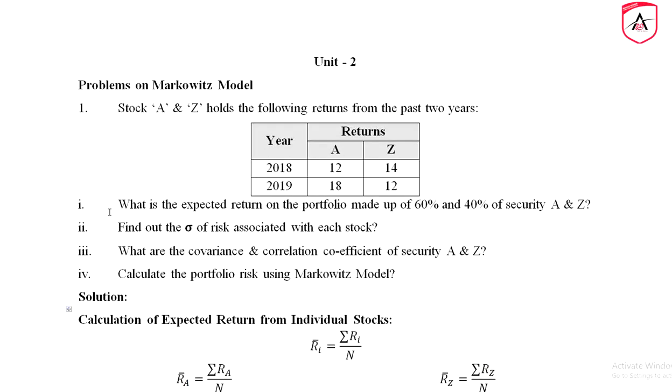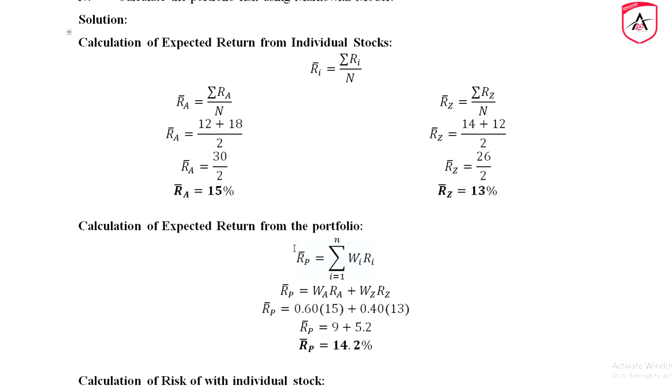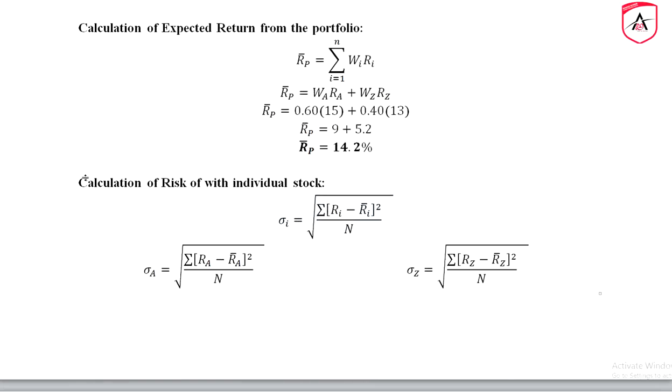And coming to this second point, we have to find out the standard deviation. Standard deviation means risk of the stock associated with each of them. So in order to find out the calculation of risk with individual stocks, we have this formula: standard deviation i equals square root of summation.